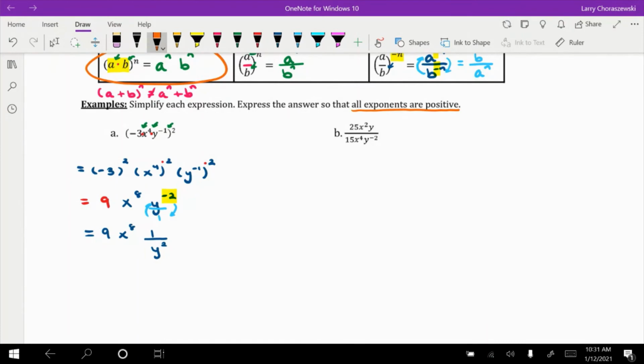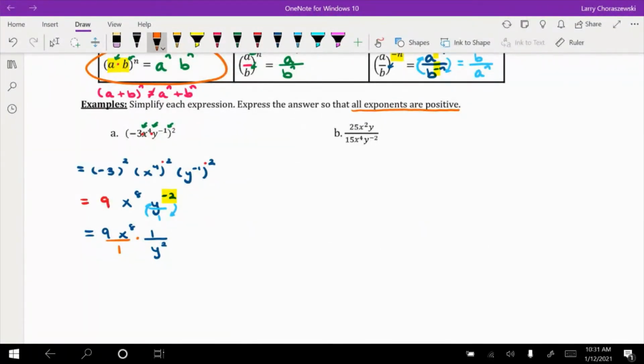Now what I'm going to do next is write 9x to the 8th over the number 1. The reason for that is so that this can now look like a product of two fractions, which technically it is. And here's where I get to remind you how to multiply two fractions together.